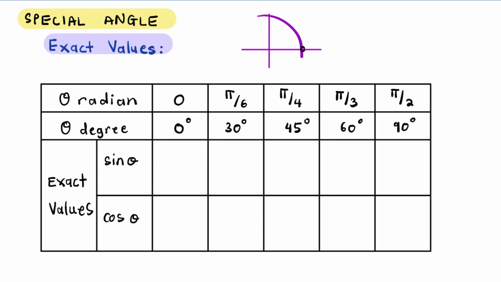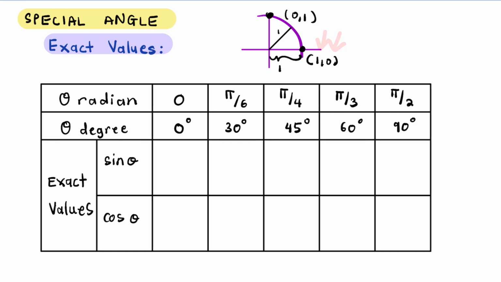There are two points that you can know, because the radius is 1 anywhere. So the points on the unit circle are 1, 0 and 0, 1. From the unit circle, the function of sine is the y coordinate, and the function of cosine is the x coordinate.